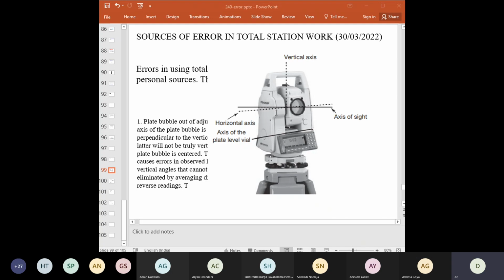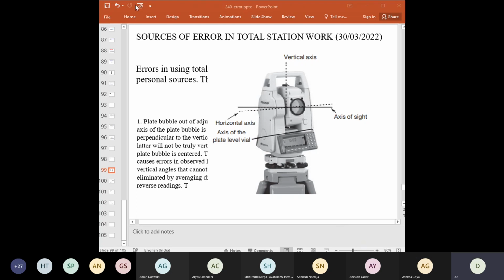If these relations are not maintained, errors will result in the measurement of the angles unless proper field procedures are observed. The misadjustment of these axes and other sources of errors will result in instrument-related errors.